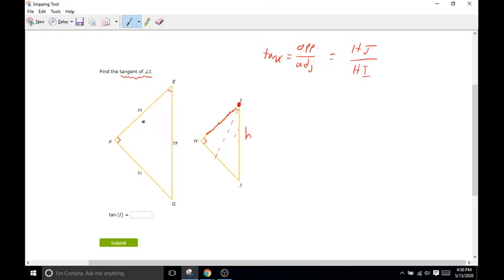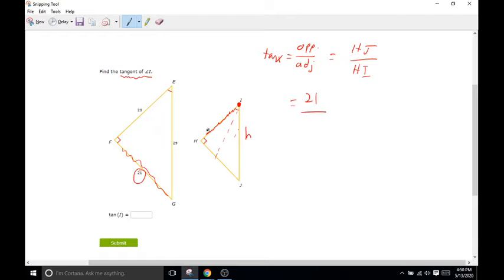So what we'll do is go over to the left triangle and do the similar side. What is similar to HJ? Well, very clearly that's going to be FG right here. So we're going to pull the 21 and make that our opposite. So we're going to go 21 over our adjacent.